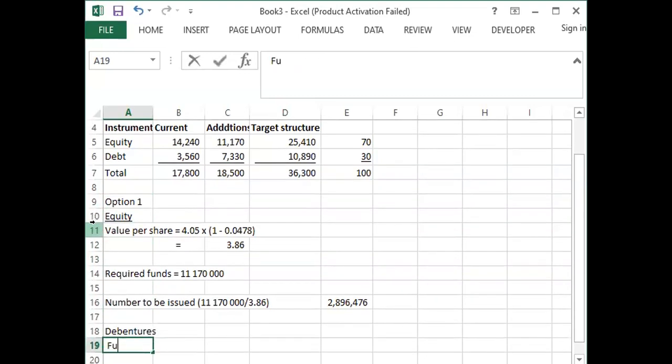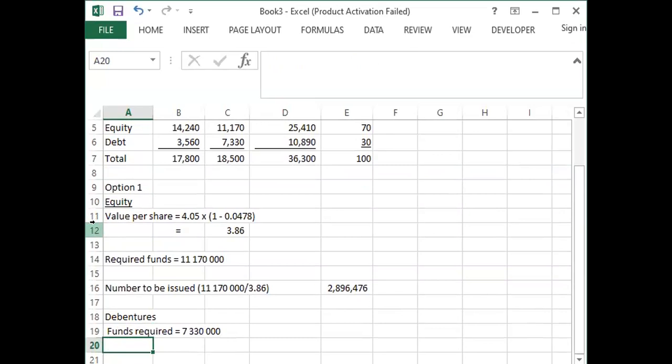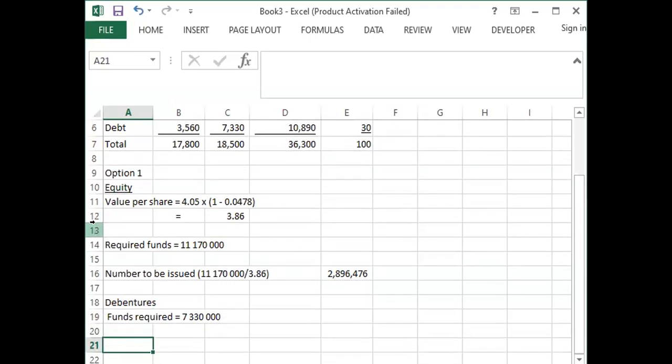So the funds required. What are the funds required? So we can fetch them there. 7,330,123, right? And then value per debenture is 70 rand.